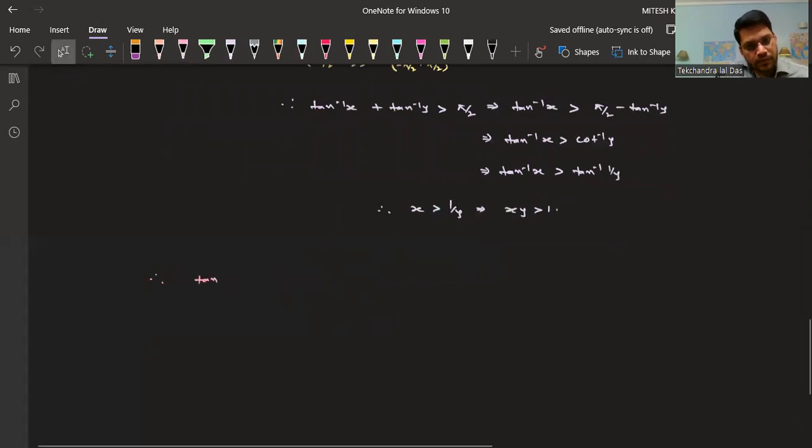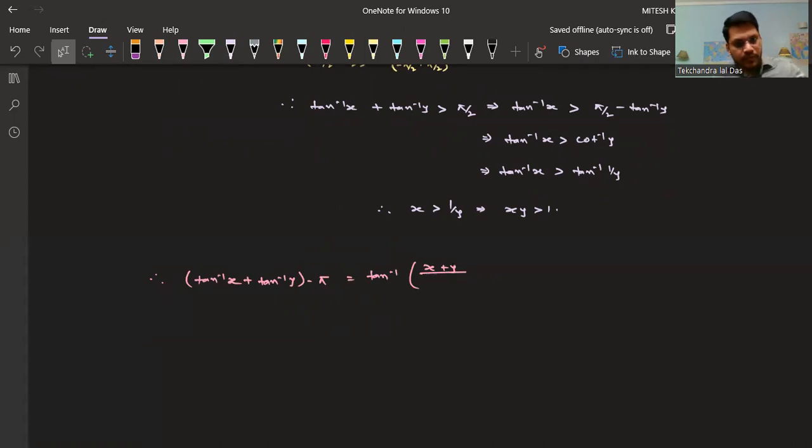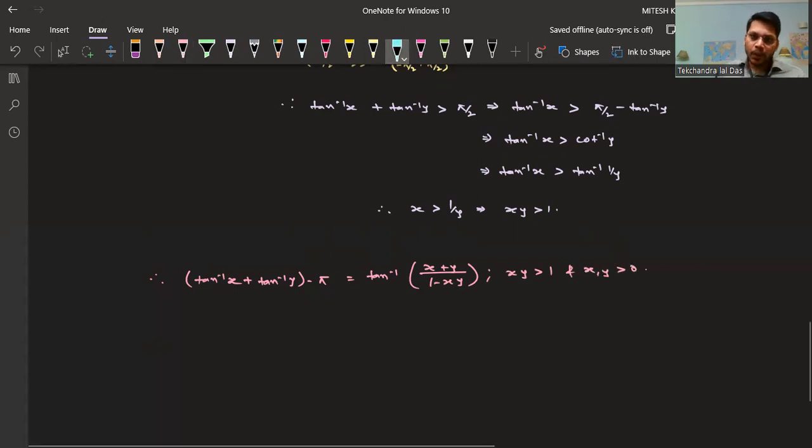So tan inverse x plus tan inverse y minus pi equal to tan inverse of x plus y by 1 minus of xy. Okay, and this is for which inequality here, which interval? This is for x into y greater than 1 and x comma y both positive. Done.